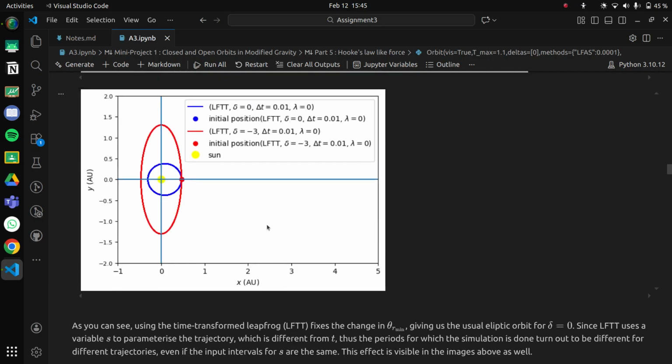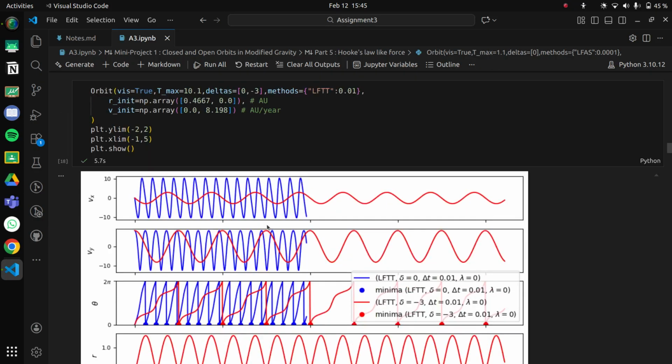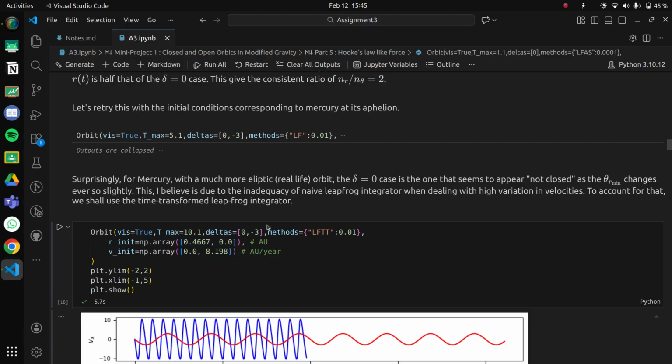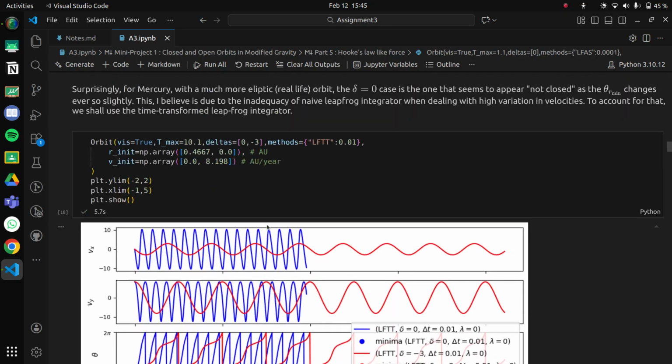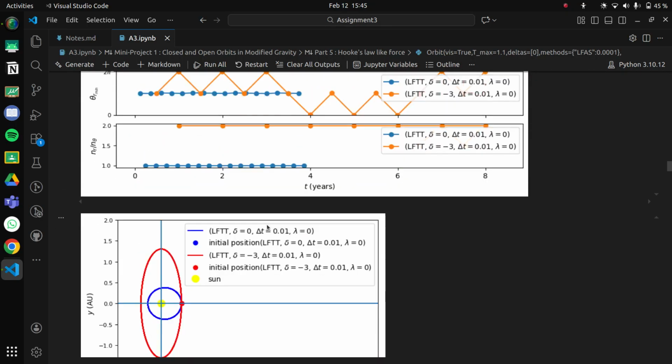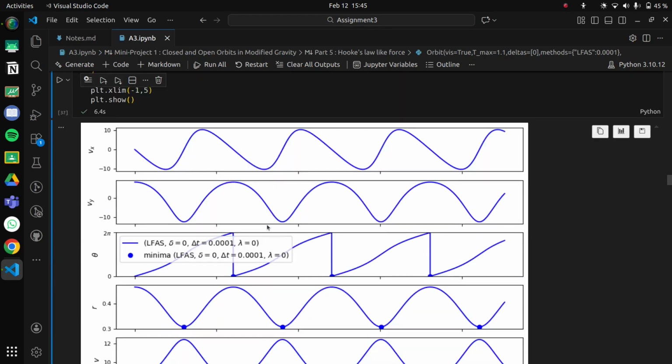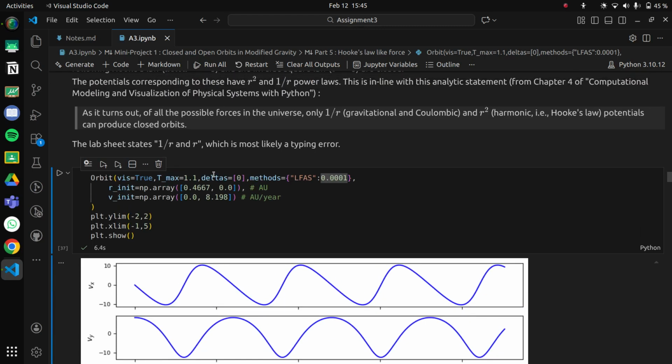So now going back to this setting, we wanted the leapfrog run to be 0.01, 0 and negative 3, d max equal to 5.1. Here it's 10.1, not that it matters, so we'll use the same thing, 5.1, and we'll have both 0 and negative 3, and use the same time step for leapfrog.